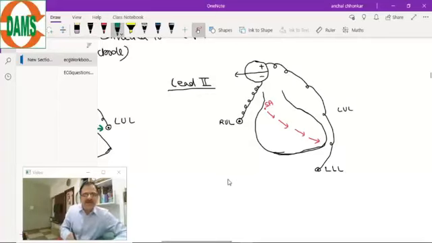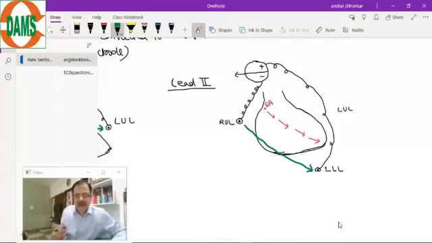And what is the vector direction of this lead 2? Basic principle: the tail is towards the reference electrode and the arrowhead is towards the exploring electrode. So this will be the vector line of lead 2, green colored, as you can see.